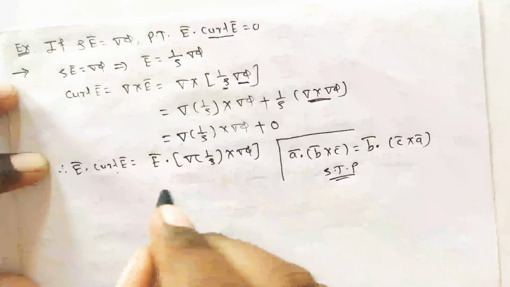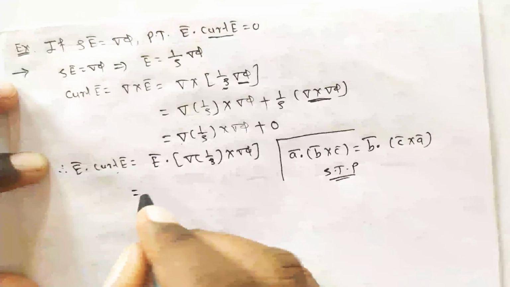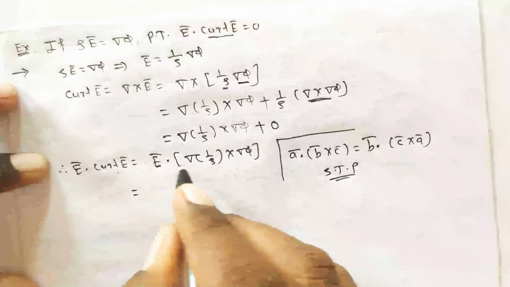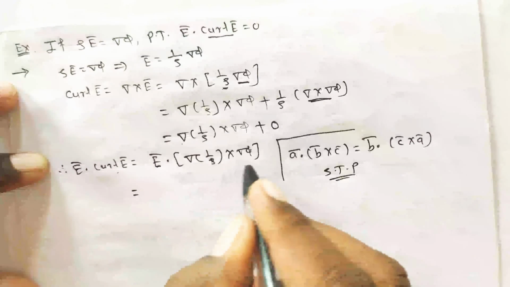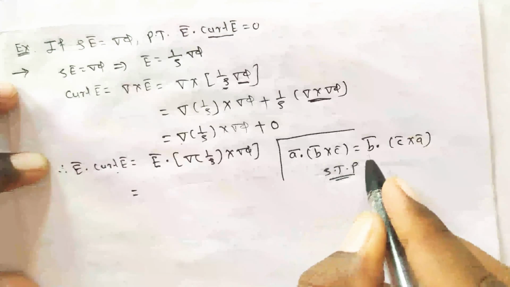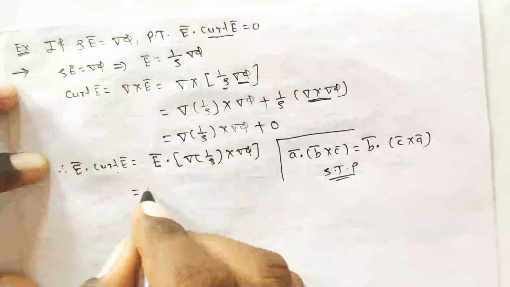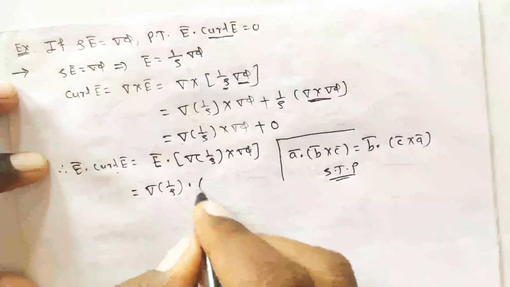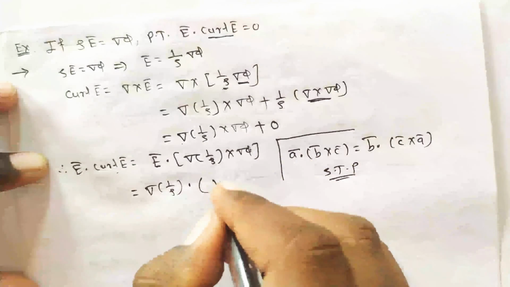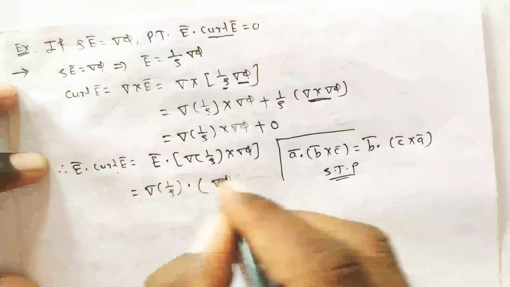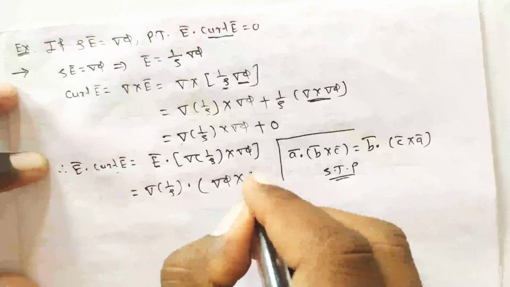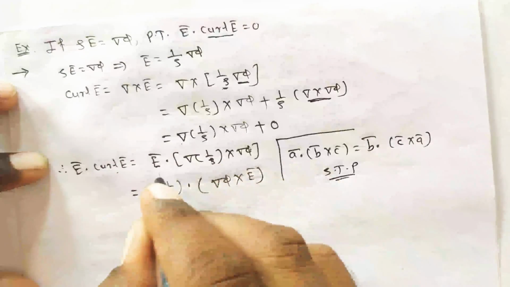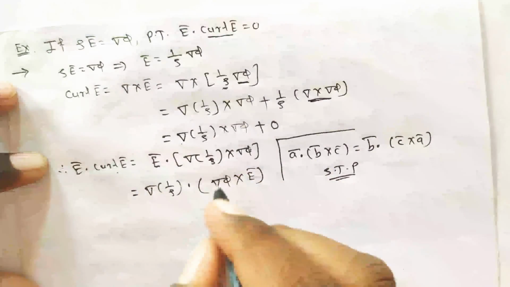If we use this result here, this can be written as e bar dot del of 1 by rho cross del phi, where b bar is del of 1 by rho, dot c bar, which is del phi cross e bar, with a bar being e bar. Now what is the value of del phi?